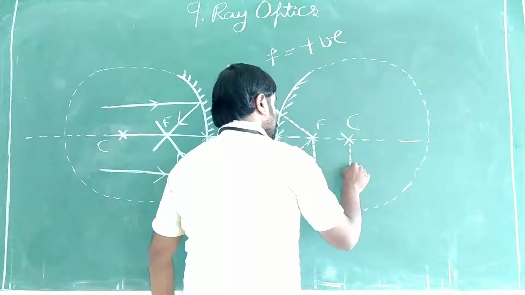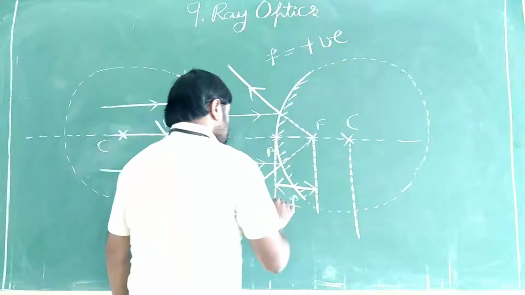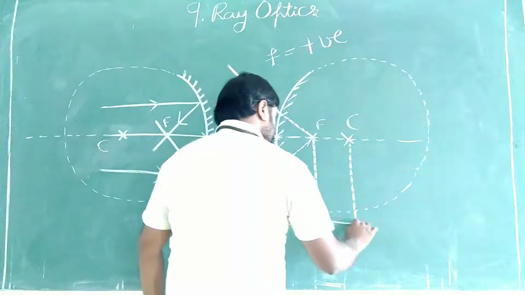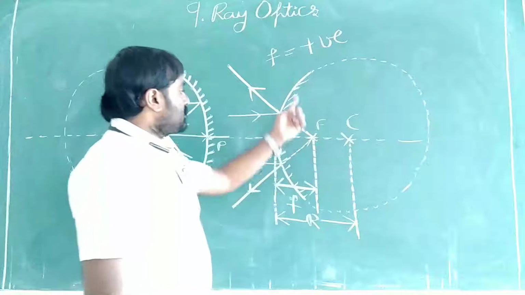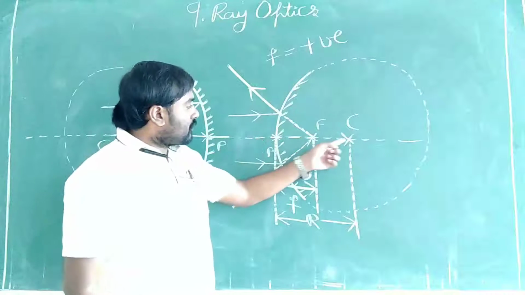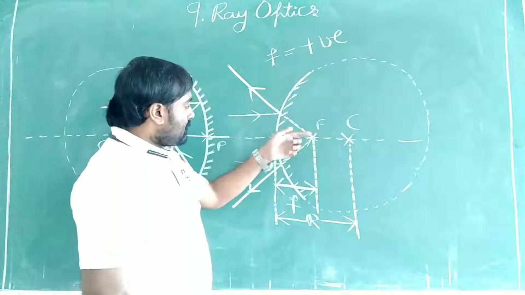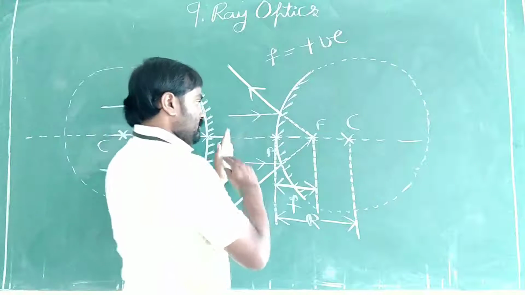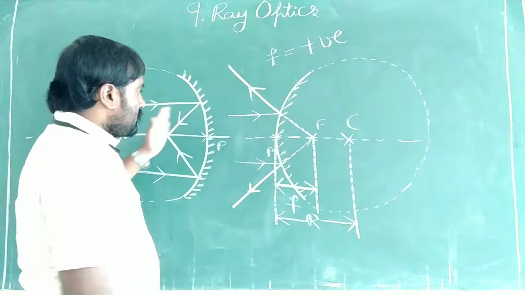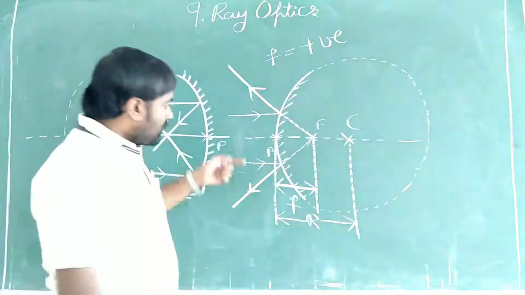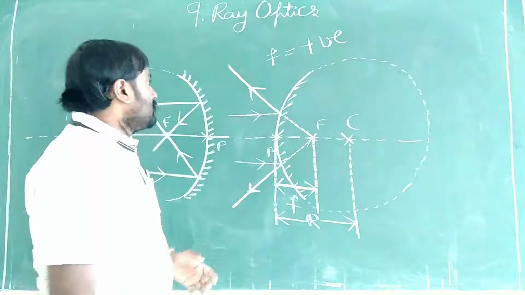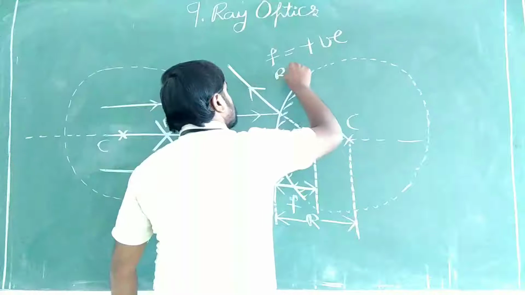This is from left to right, and the direction of incident light is also left to right. So it is in the direction of incident light, and that is why the radius of curvature is also positive.